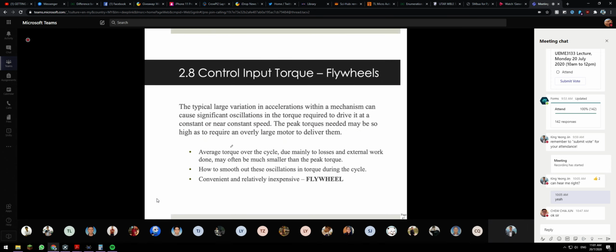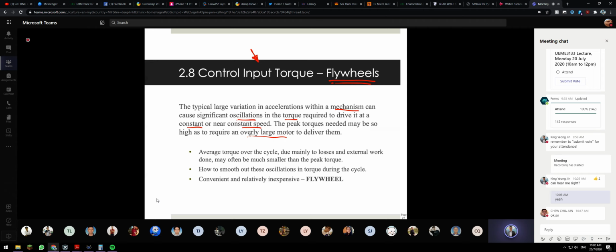Just now we talked about the shaking torque. We can actually control the variation of the torque, so we use flywheels. A typical large variation in acceleration within the mechanism can cause significant oscillation in the torque required to drive it at a constant or near constant speed. The peak torques we need may be so high as to require overly large motors.